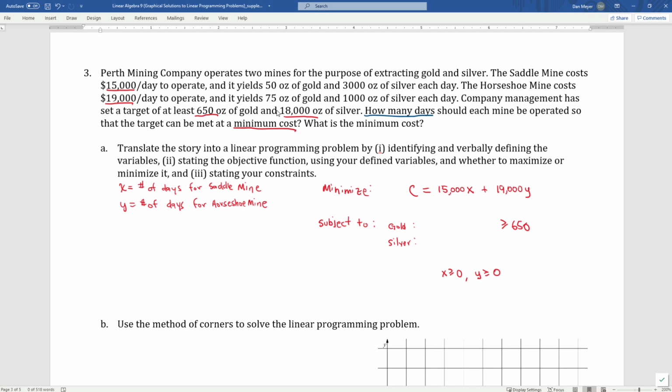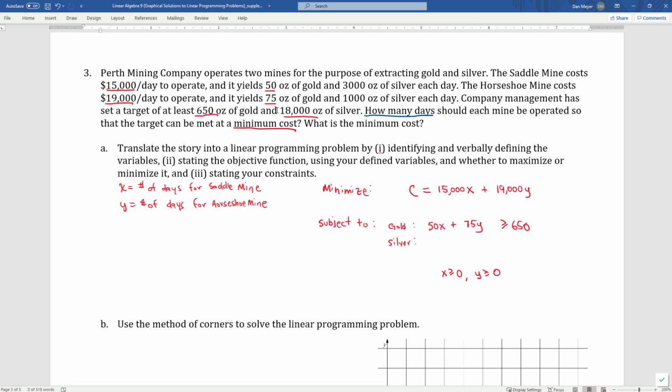The first mine gets 50 ounces of gold a day, so if it operates for X days, it will mine out 50X ounces of gold. The second mine, horseshoe mine, gets 75 ounces of gold a day. So if it operates for Y days, it will get 75Y ounces of gold.